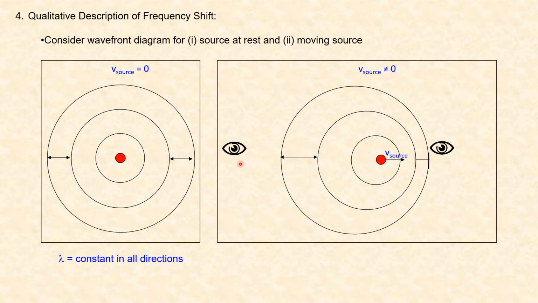So you can see here, when we compare the wavelength for the source at rest to the source in motion, first of all, for this region, when the source is moving away from the observer, notice the increase in wavelength. The wavelength is bigger when the source is moving away from the observer.